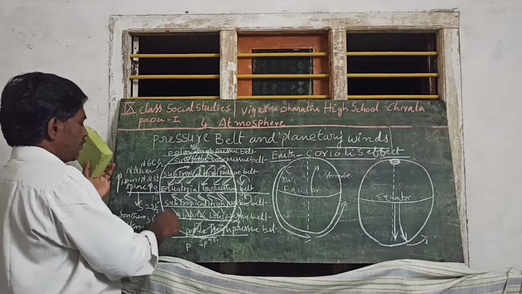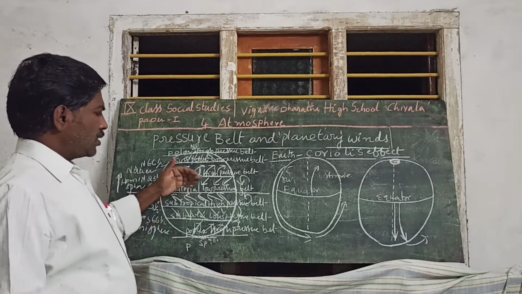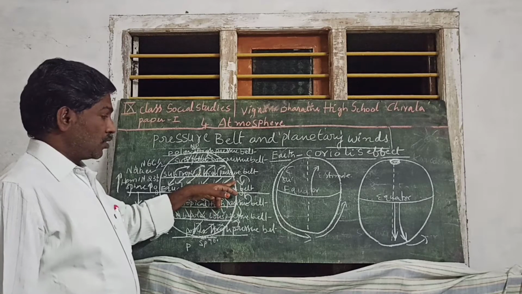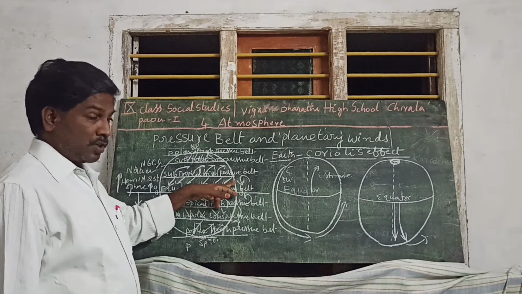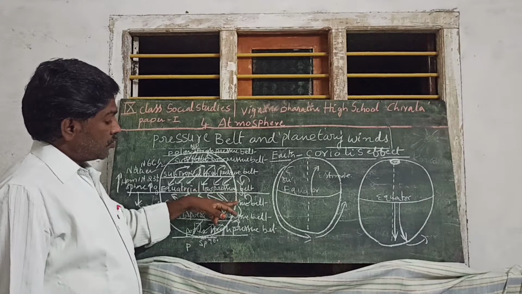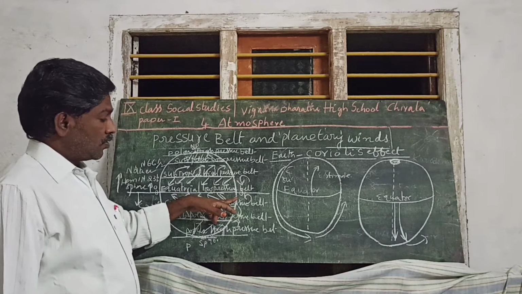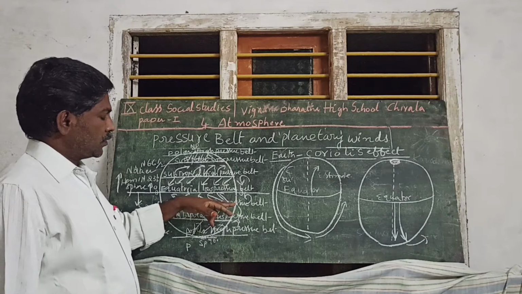Southern hemisphere. And on the north side, 0 to 10 degrees north is known as the hot belt, hot zone. And 0 to 10 degrees on the south side is also a hot zone.